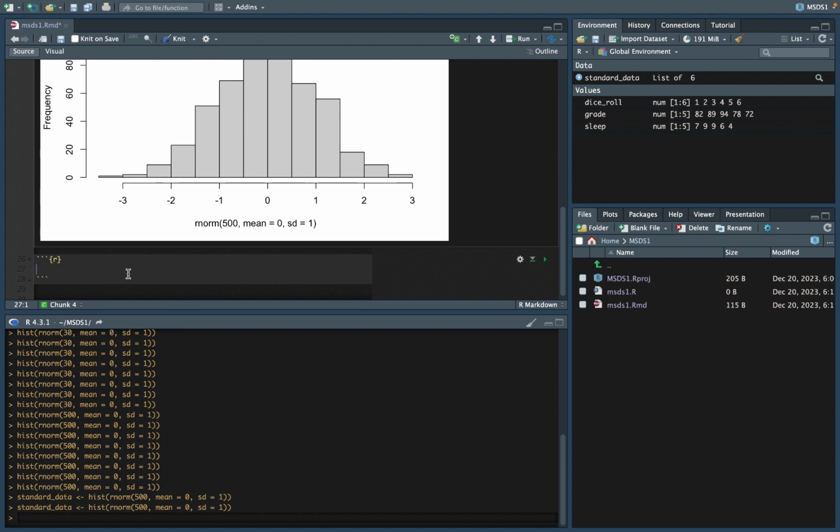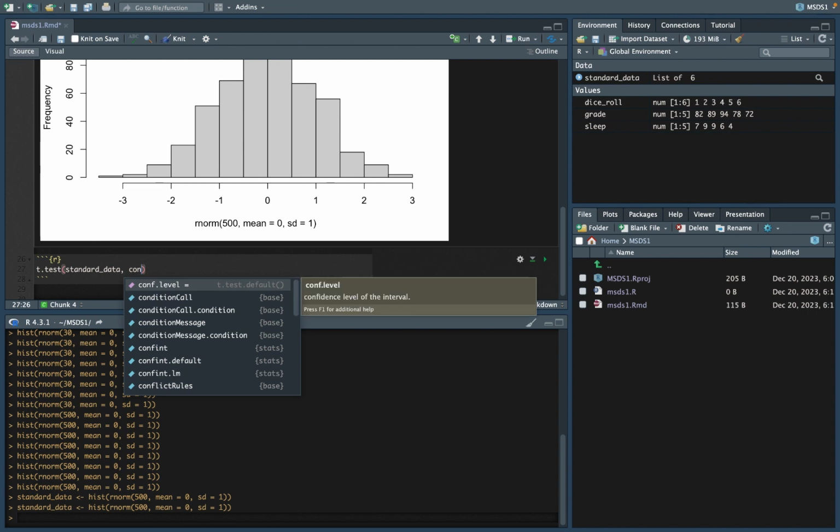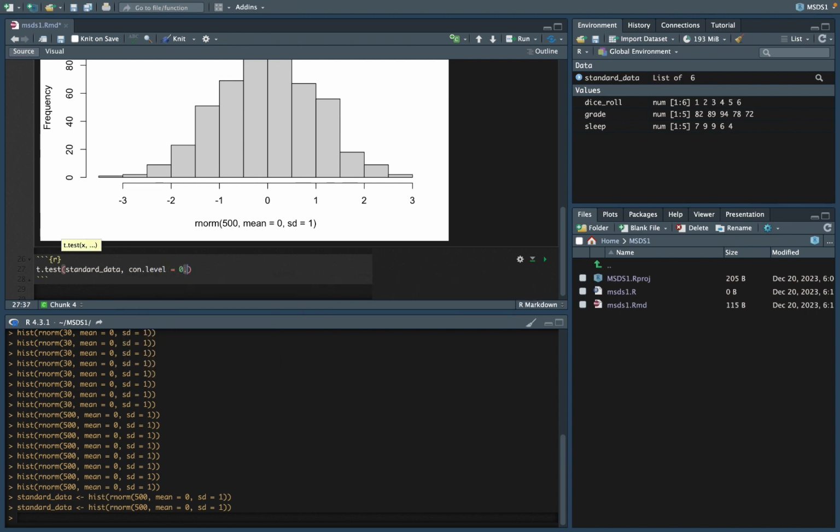when we want to create confidence intervals, we often do some sort of testing, which is what confidence intervals are actually used for. But obviously I haven't gone over that yet, so I won't go over the p-value and all that stuff, not just yet, but let's just do a t-test of the standard data for now, and then we can give our confidence interval a 90%.